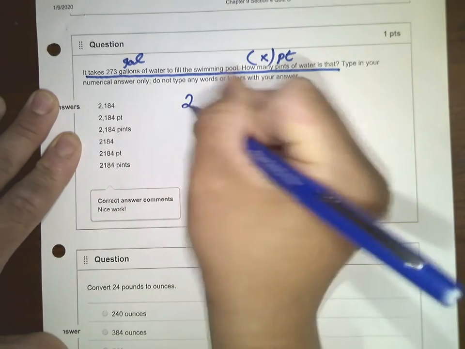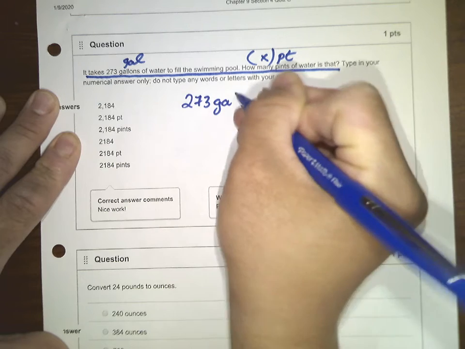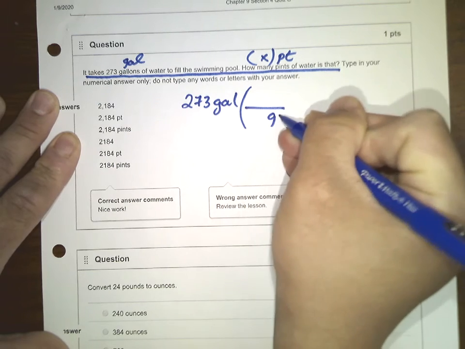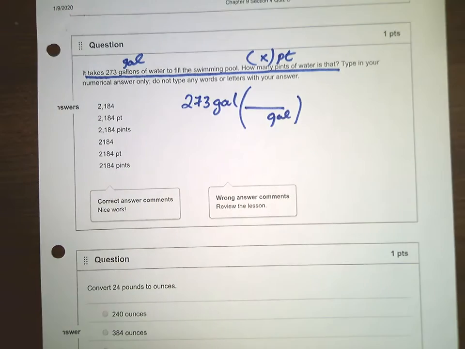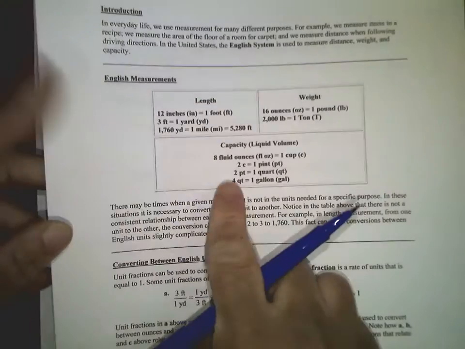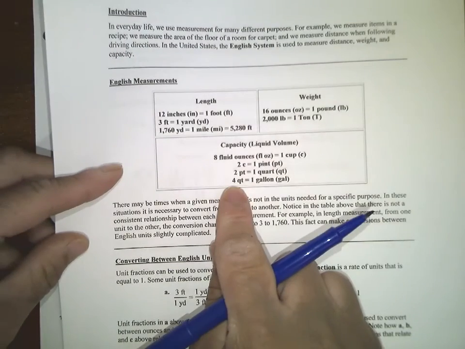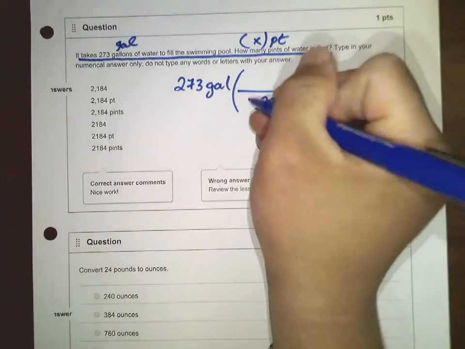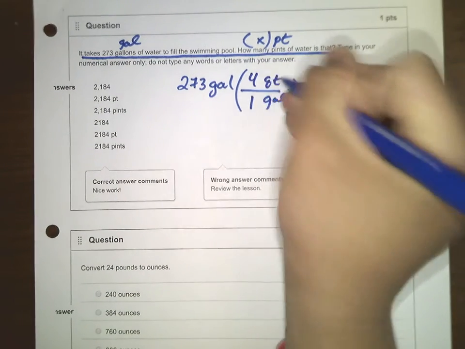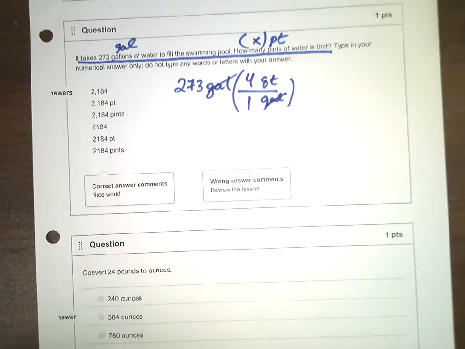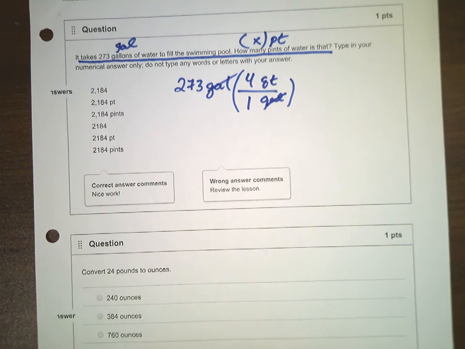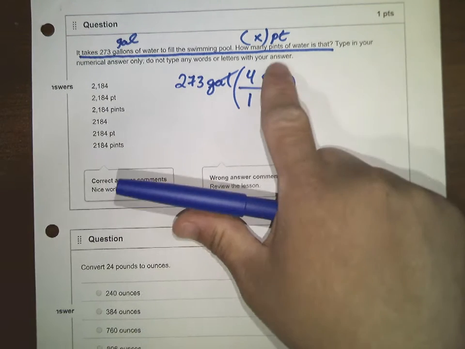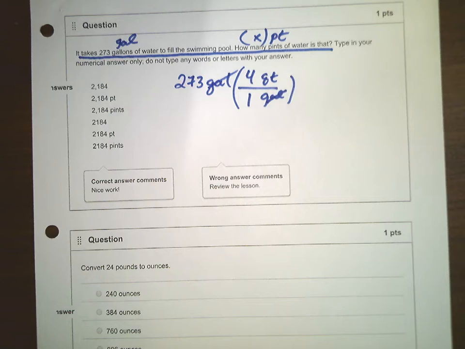So we have 273 gallons, and we need something with gallons in the denominator. We have only one equation here for gallons: 4 quarts equal 1 gallon. So I have 1 gallon in the denominator and 4 quarts in the numerator, so the gallons divide out. Then I have quarts here, but I want pints, so I need something to divide out the quarts.